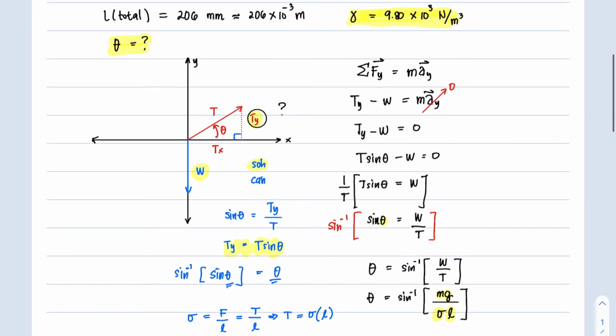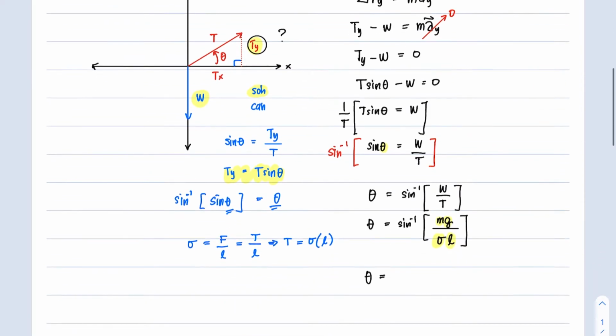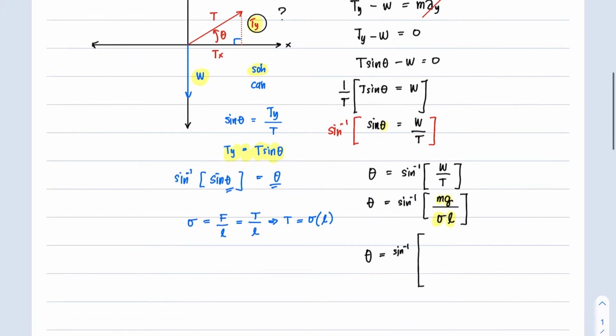So from here, you just have to substitute everything. I'm going to write it as sine inverse. And do not underestimate the sine, because it will help you check your answers.